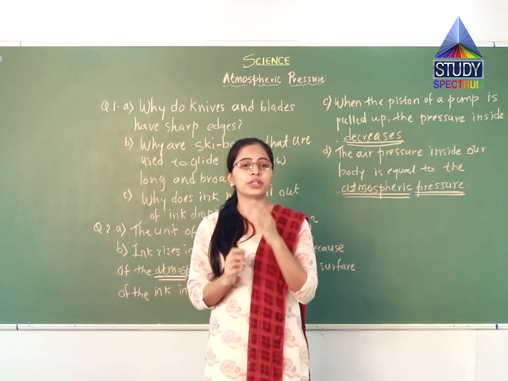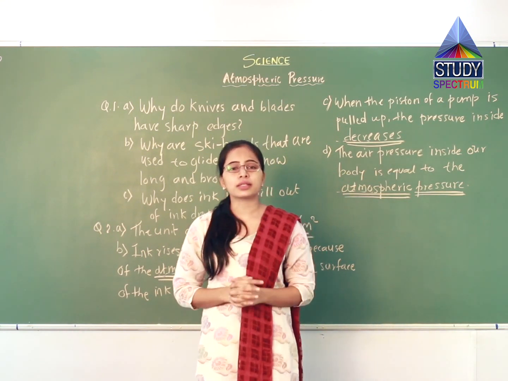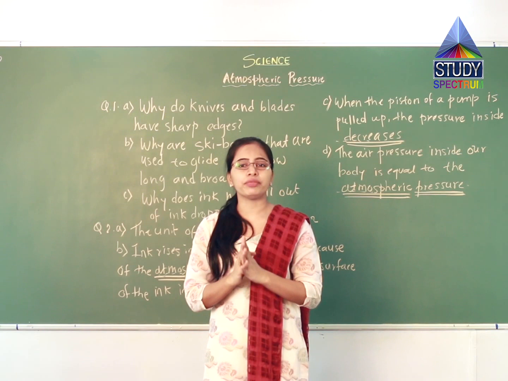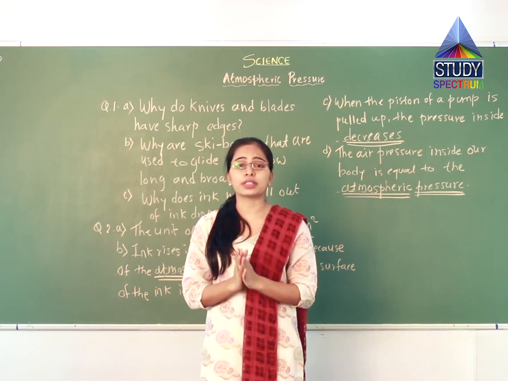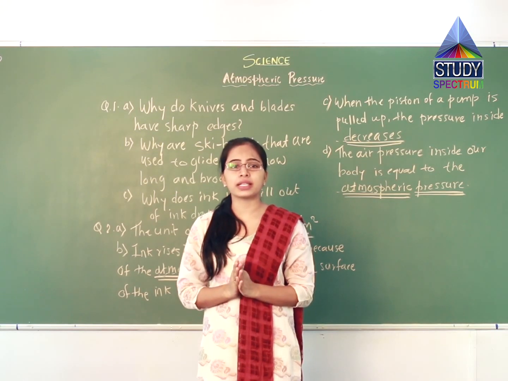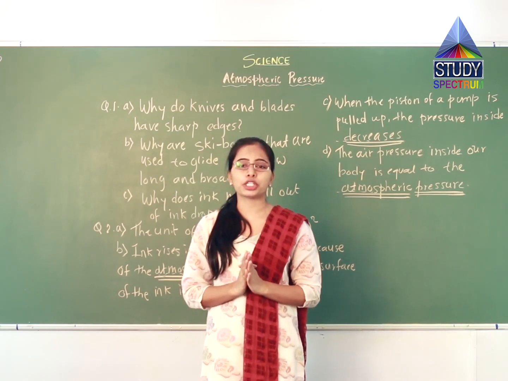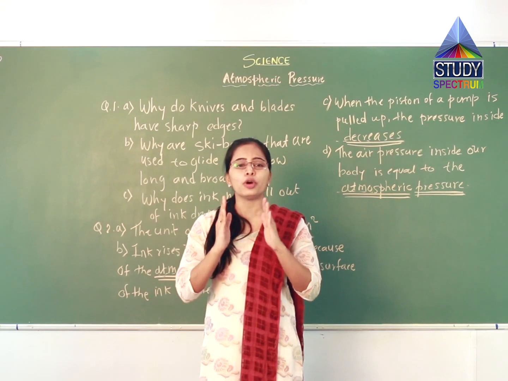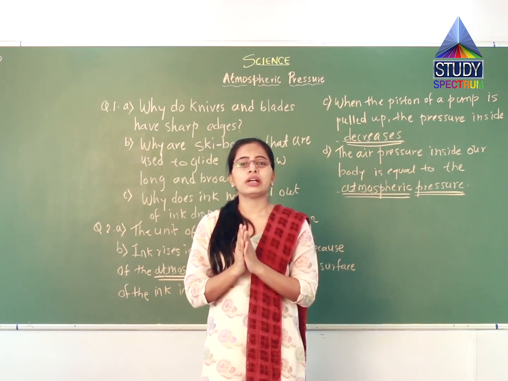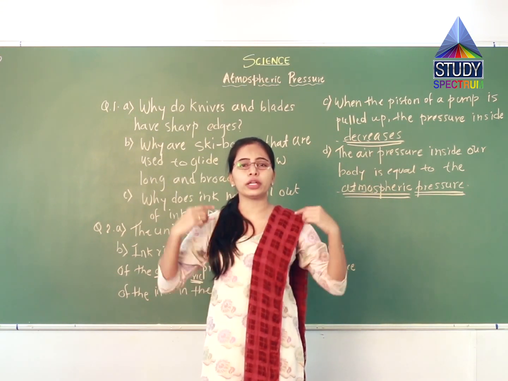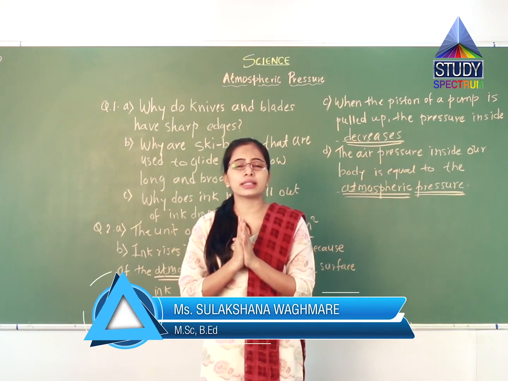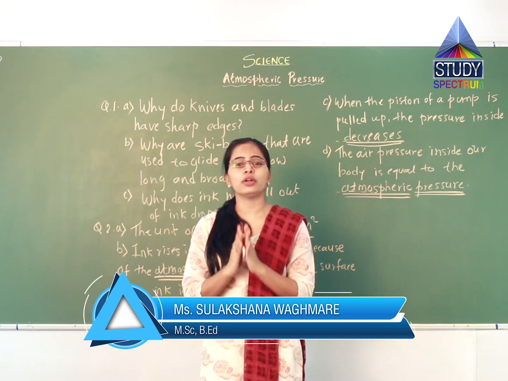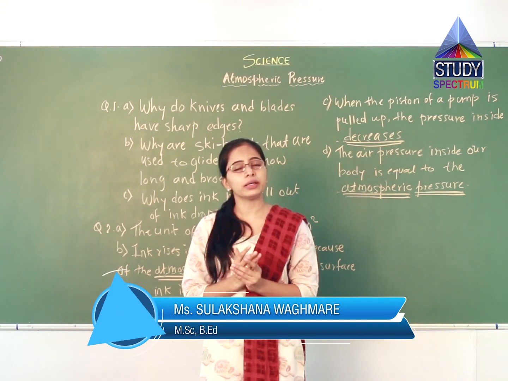But it is not so, because the pressure produced by a given force depends upon the area of the surface on which the force acts. The greater the surface area, the less the pressure produced. School bags have broad shoulder straps so that the weight of the bag is distributed over a large surface area, thereby decreasing the pressure on the shoulder of a student carrying that bag.